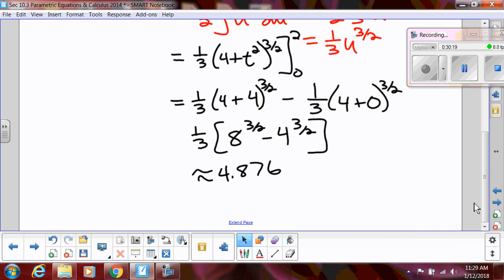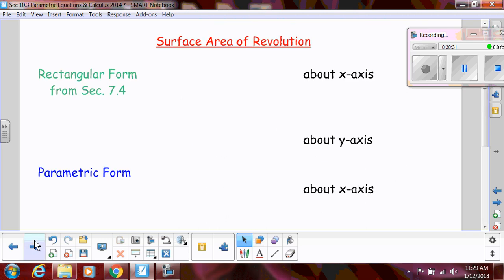All right, so that one involved a little bit more calculus, which is good. I know it's been a long lesson so far, but we have a little bit more to do, and that's the surface area. Surface area, remember, kind of went hand in hand with the arc length.